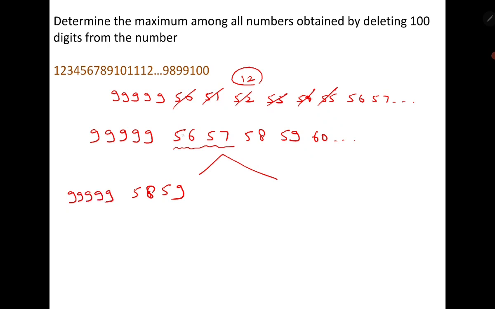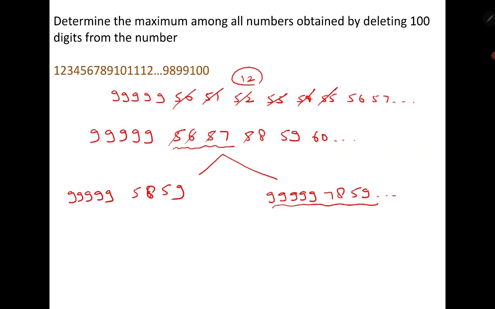But instead of this, if I delete 5, 6, 5 and this 5, then I would have the 5 nines, and the next number is 7, 8, 5, 9, and so on. You can clearly see that here I have 5, 8, 5, 9, but here I have 7, 8, 5, 9. So of course this one is larger.